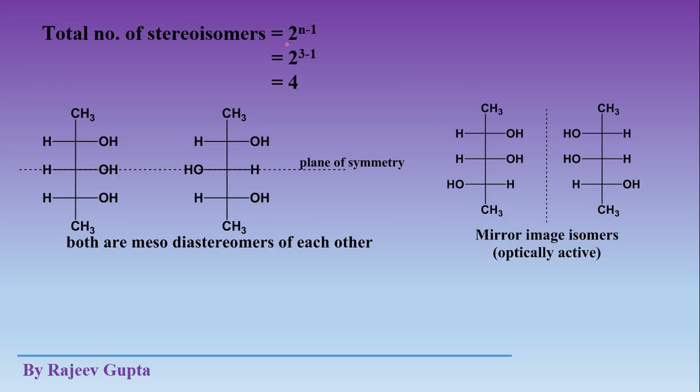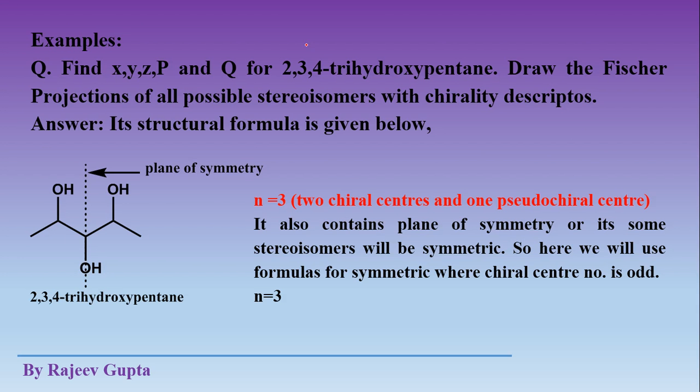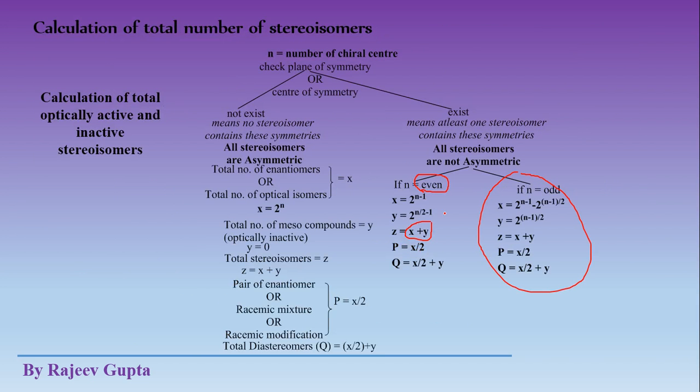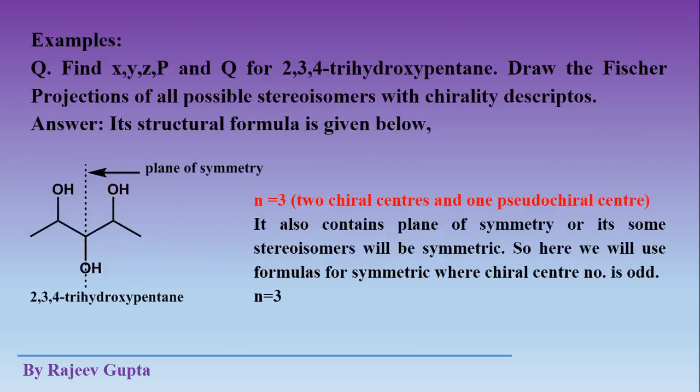The total number of stereoisomers equals 2 to the power n minus 1. Okay, see, if we add x plus y, then we get 2 to the power n minus 1.